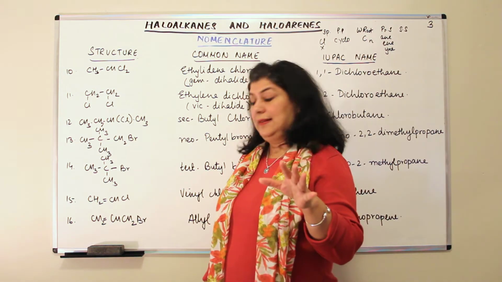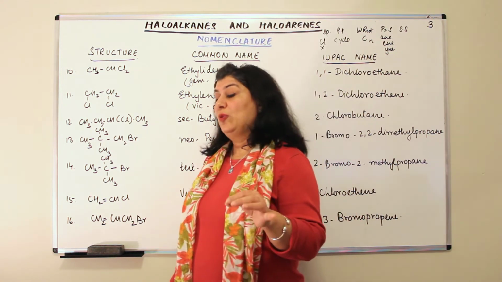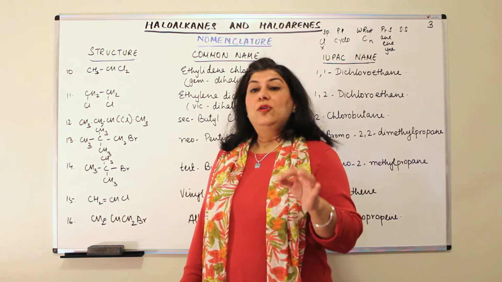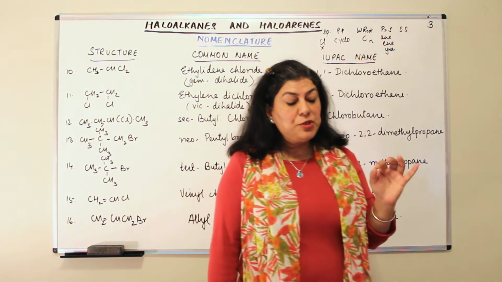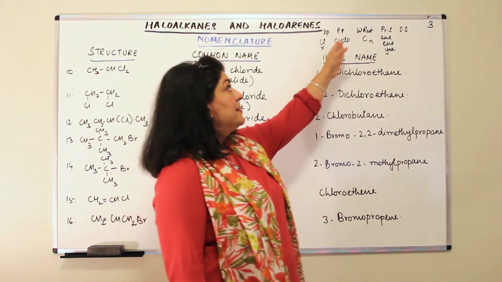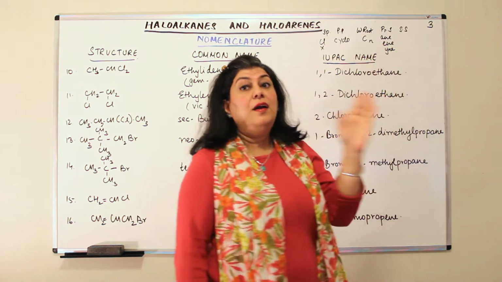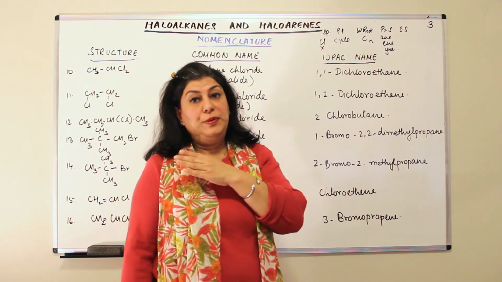Now there is one thing that you have to remember whenever you are writing down the names of haloalkenes or haloalkynes. The halogen, as I told you, is a substituent. And substituents are always treated to be less important than the suffixes. So ane, ene and yne are more important than the halo group.